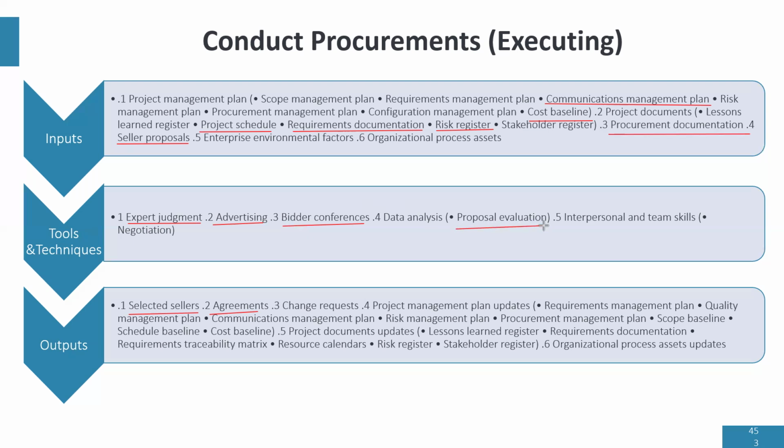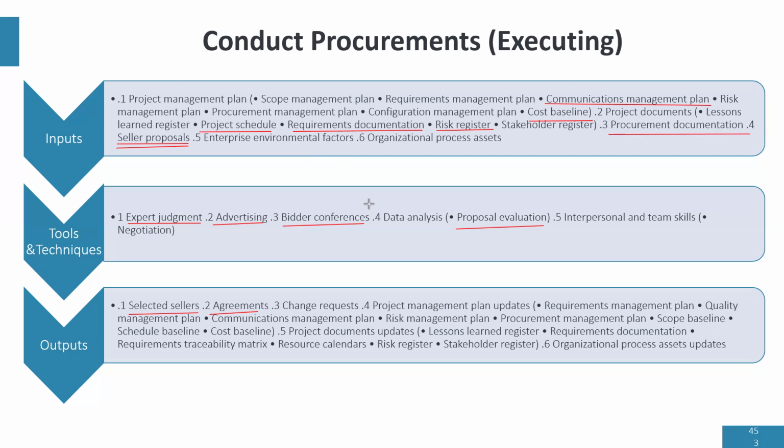Proposal evaluation. Now, proposal evaluation is where we check the completeness of the proposal document. When I mention a document, I mean the bid document, the request for proposal. In a request for proposal, there'll be certain specifications of what the vendor must submit.